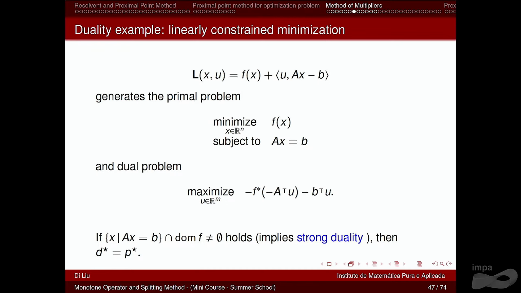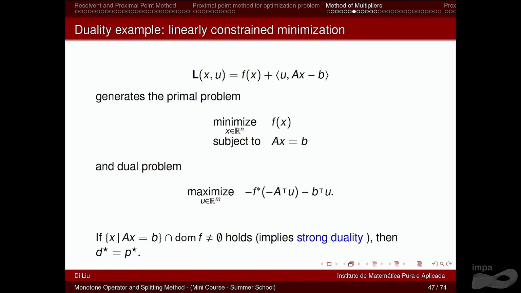If the feasibility set intersects with the domain of F, that is, it is not empty, then we say strong duality holds. What is strong duality?